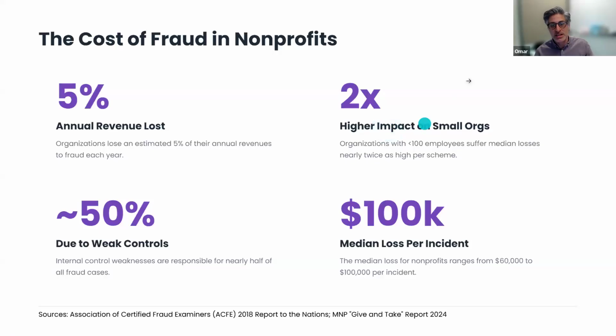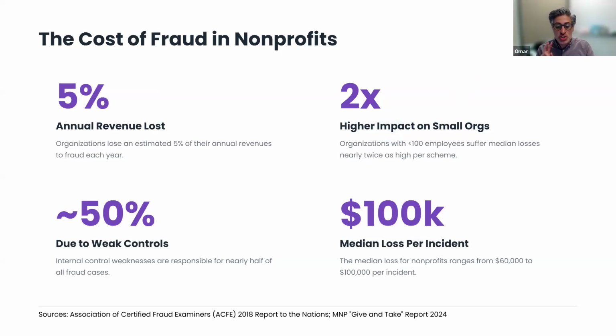All right. When I saw these stats, I almost didn't believe them. The cost of fraud to nonprofits is staggering. It amounts to about a 5% annual revenue loss. Organizations lose an estimated 5% of their annual revenues to fraud every year.